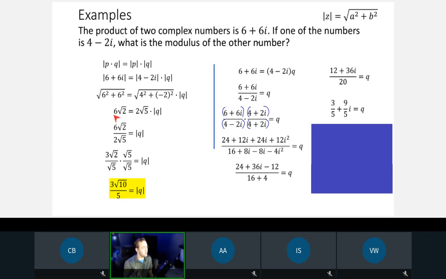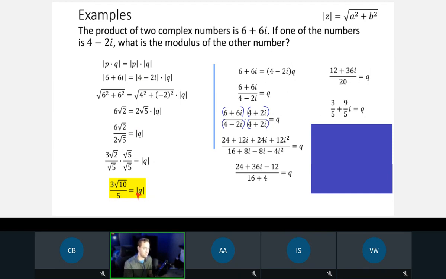Because the way that we did it the first way, this work gives us the modulus. There's nowhere in this work where we can actually identify what the other complex number is. We just know what the modulus is, and there's no way to go from modulus back to complex number format.